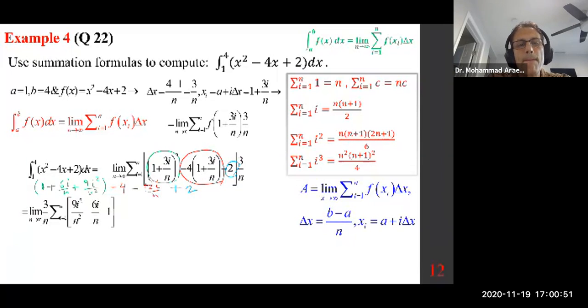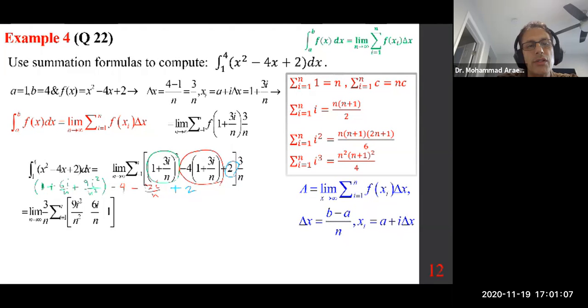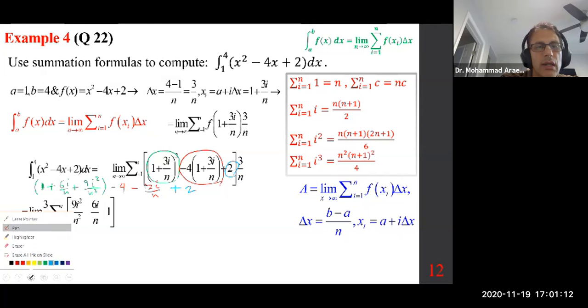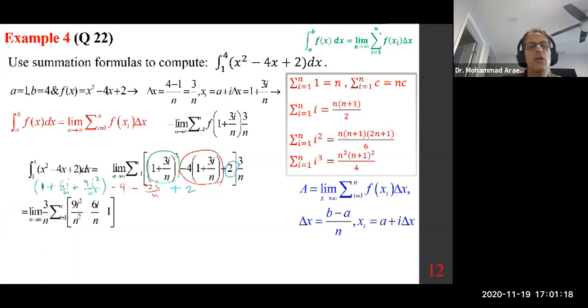Let's quickly do that. So 9i squared over n squared, and then 6i over n minus 12i over n. Let me use a different color for that. These two add up to negative 6i over n, okay, class?